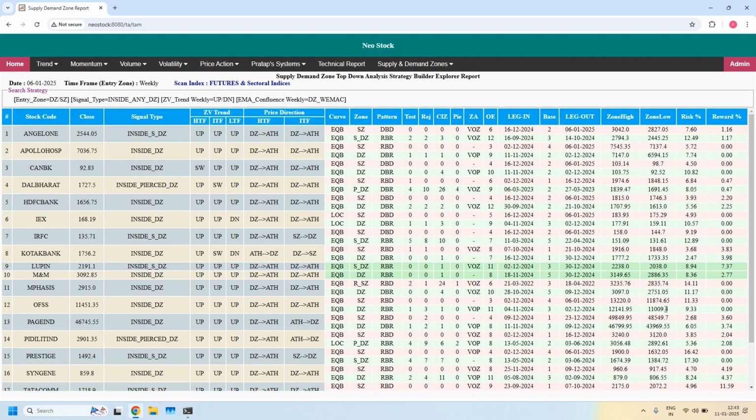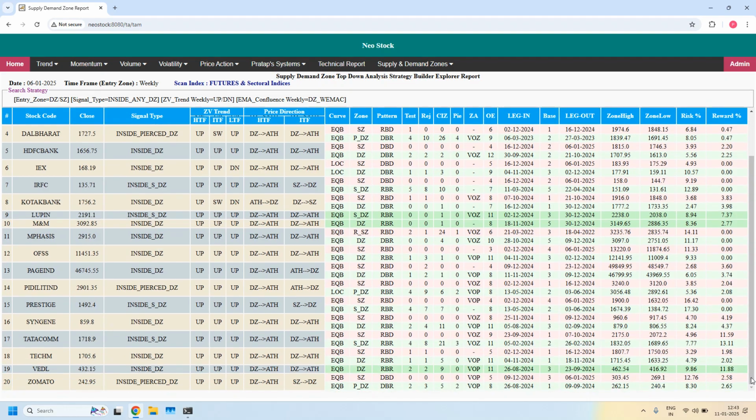From 83 stocks, now the list is reduced. First 16 stocks in the list. I am scrolling the list down. So total 20 stocks are filtered. In all these 20 stocks, these weekly demand zones are having weekly EMA confluence, and current price is closed inside the weekly zone.